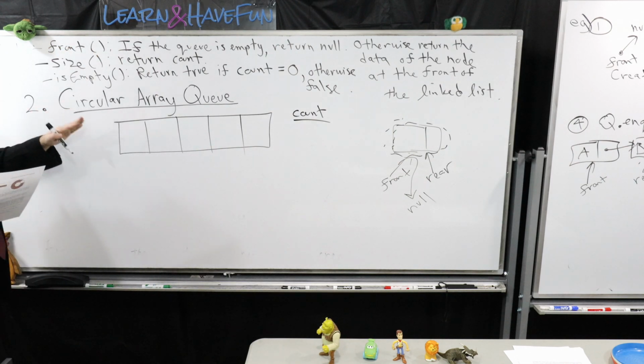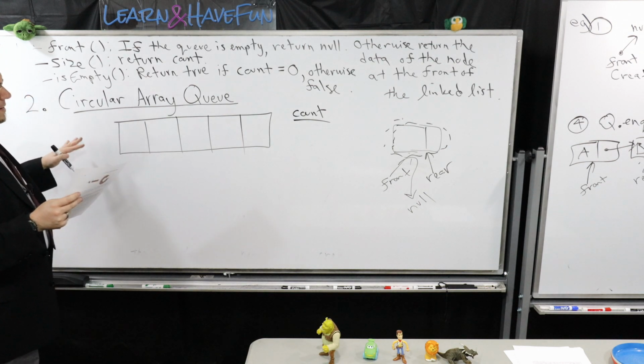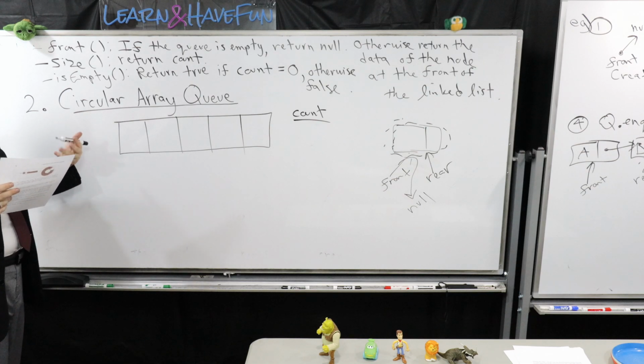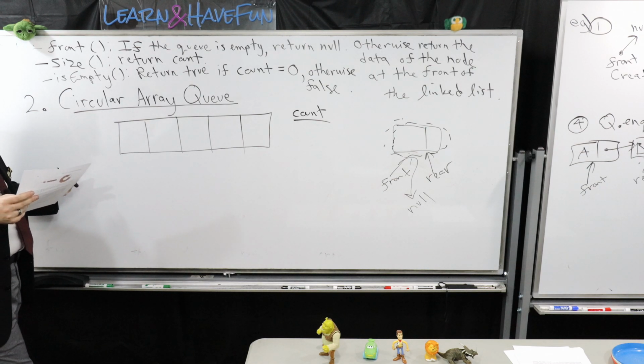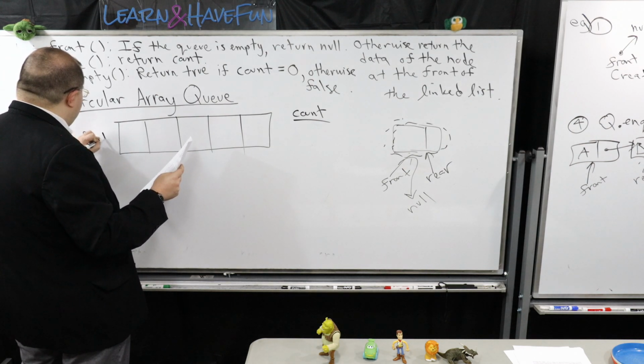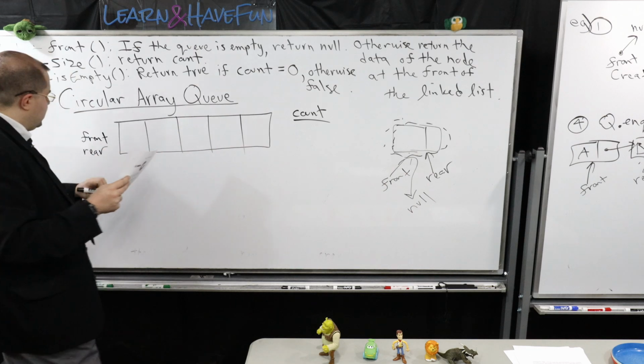So if I were, for example, to start off with an empty queue, using the same ideas here, I would imagine I have a counter variable for front and a counter variable for rear.